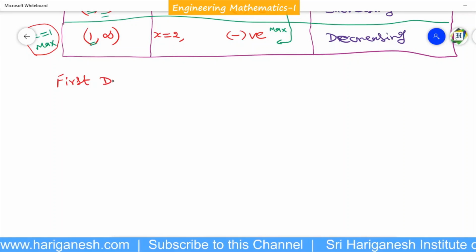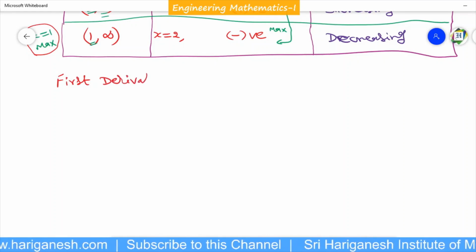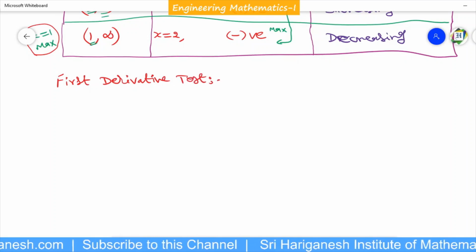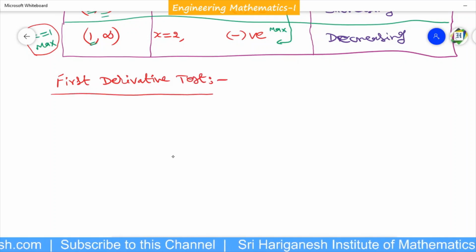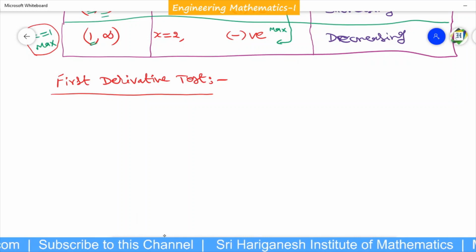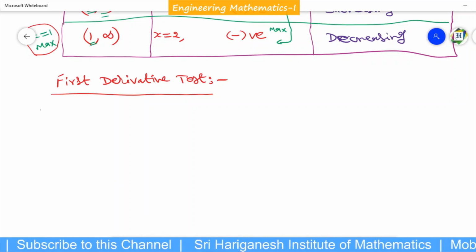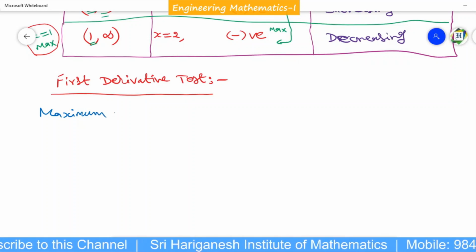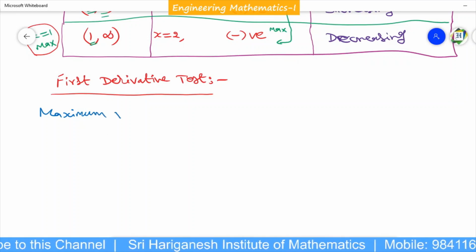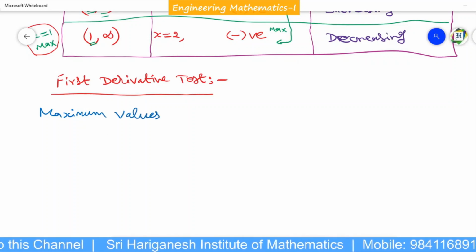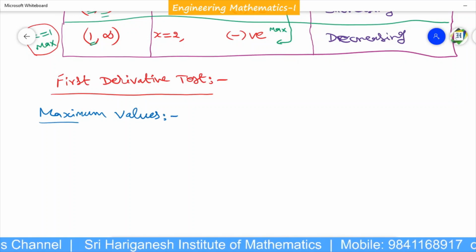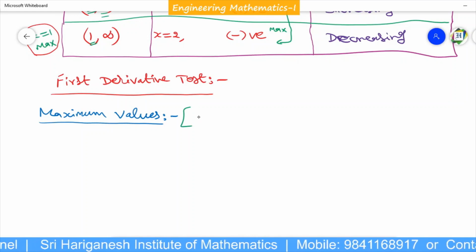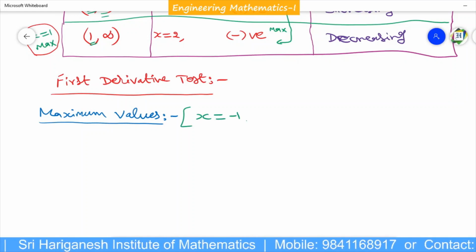By using the first derivative test, I am going to find the maximum value. The maximum is attained in two places, at x equal to minus 1 and plus 1.